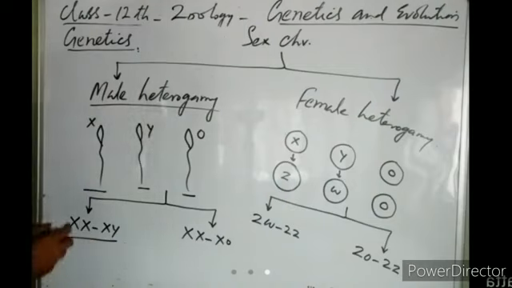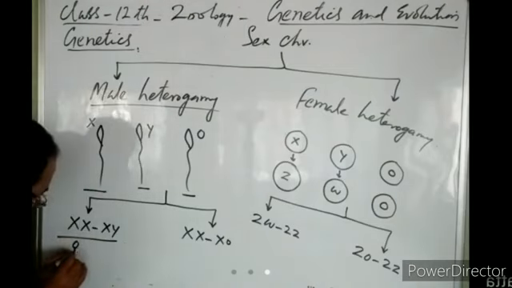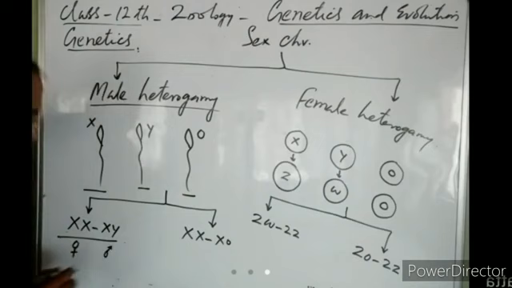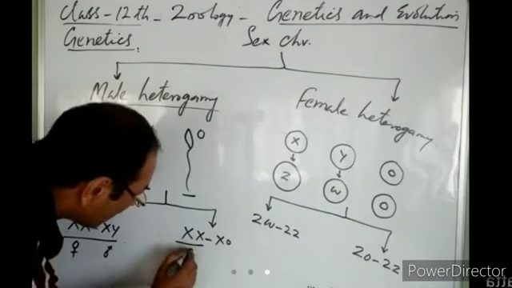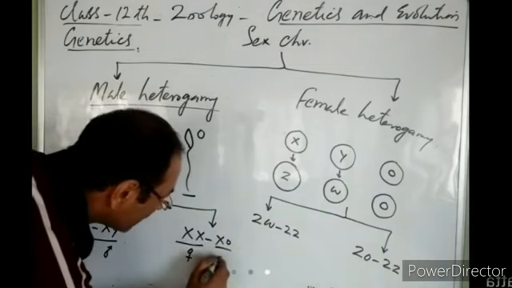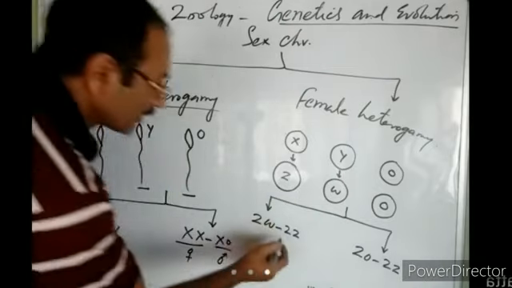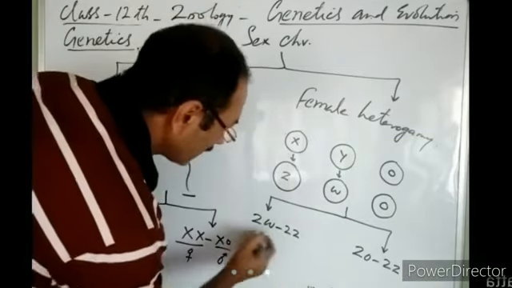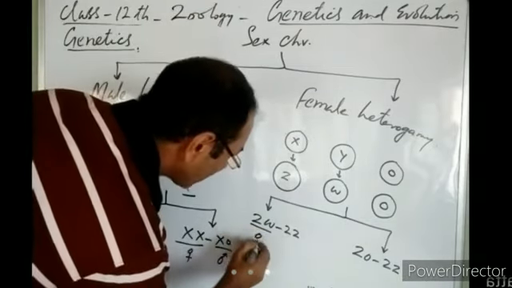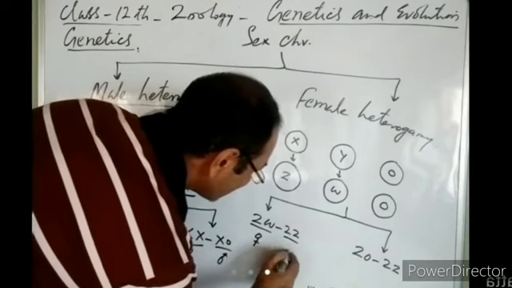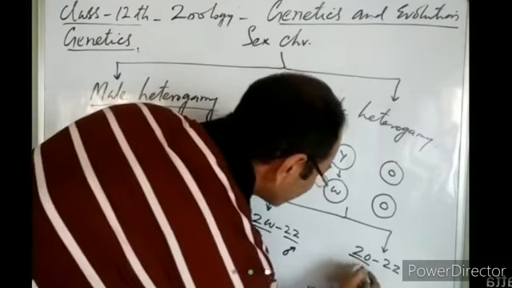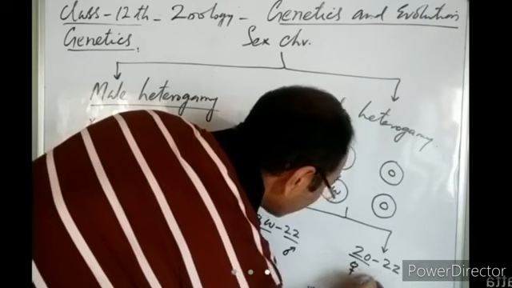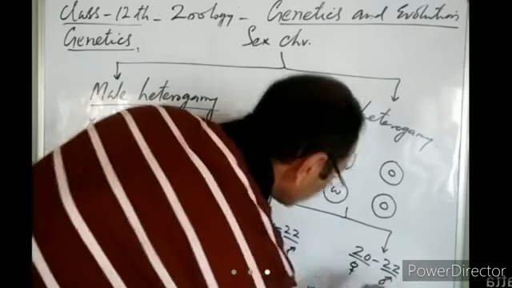In male heterogamy, the two types are the XX-XY condition, where XX is the female and XY is the male, and similarly the XX-X0 condition, where XX is the female and X0 is the male. And in female heterogamy, ZW is the female and ZZ is the male, and Z0 is the female and ZZ is the male.